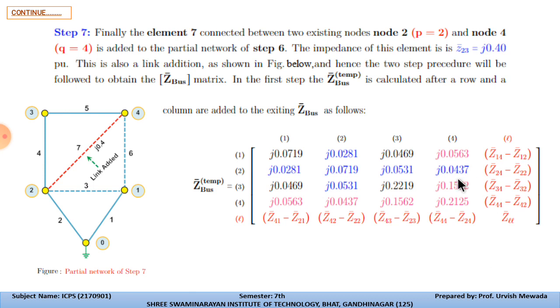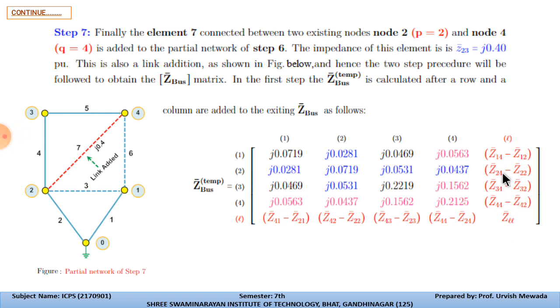So Z24 minus Z22, then, so these are the formulas for the new link which is added. Follow this one.